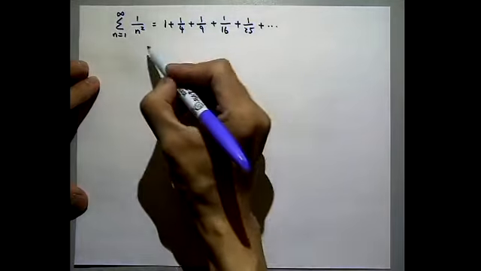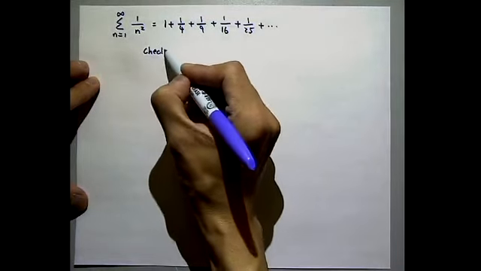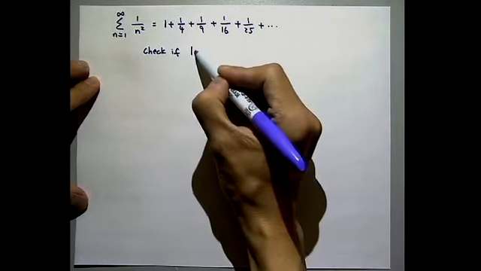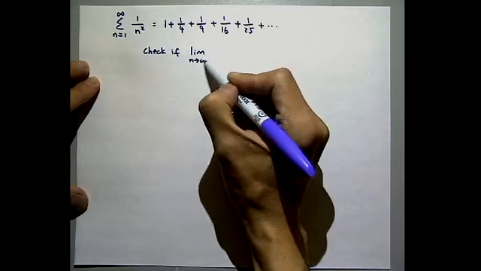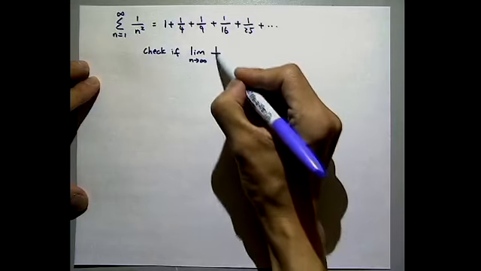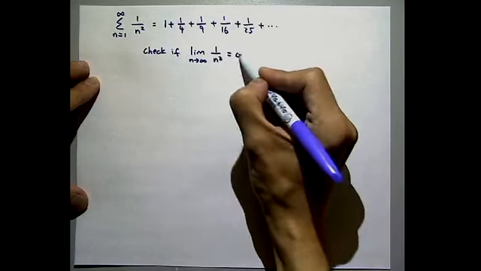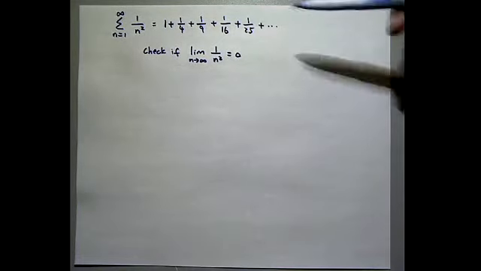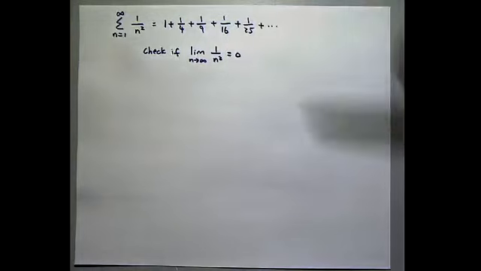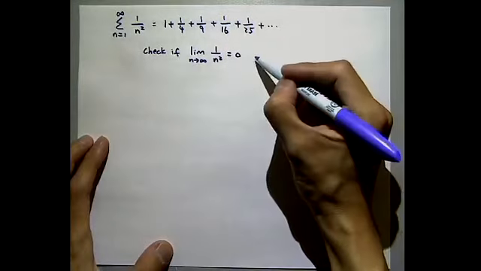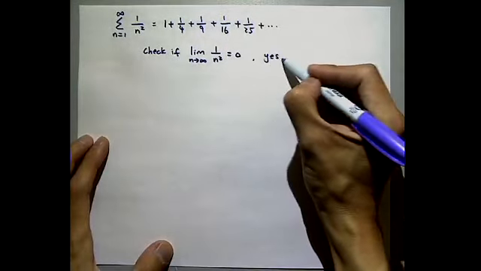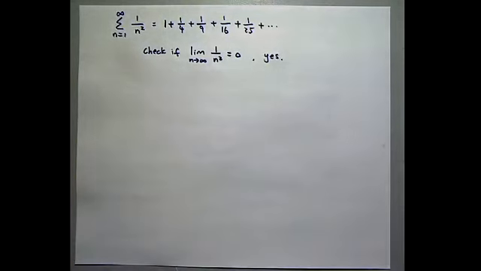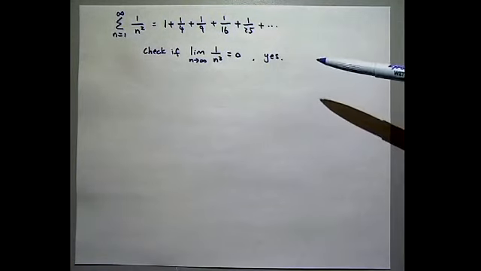Okay? So remember, first thing to check, you want to see if this thing eventually goes to 0, and quite obviously it does. So now this is saying that a series has a chance to converge.